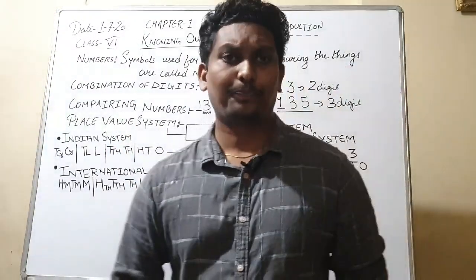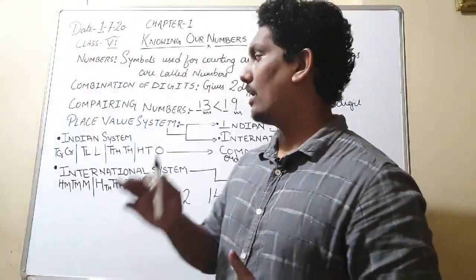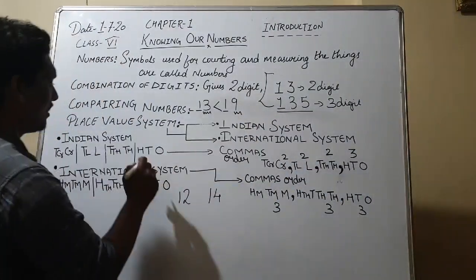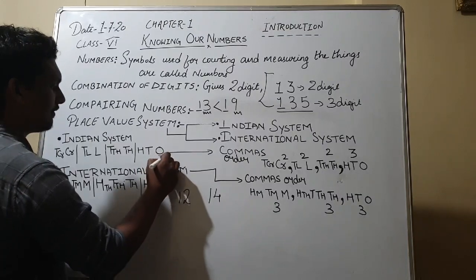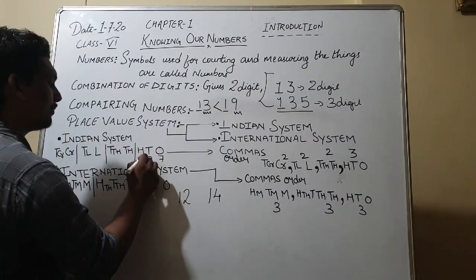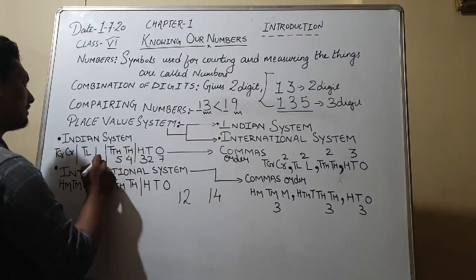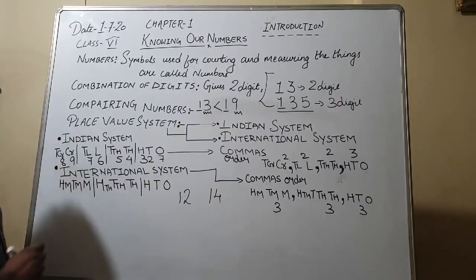In the same way, we are going to read the number also. Suppose I'm writing here 7, 2, 3, 4, 5, 6, 7, 9, 8.